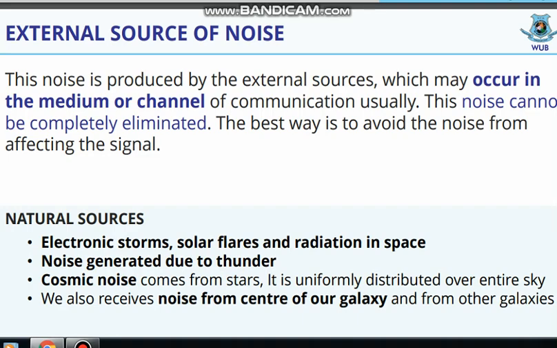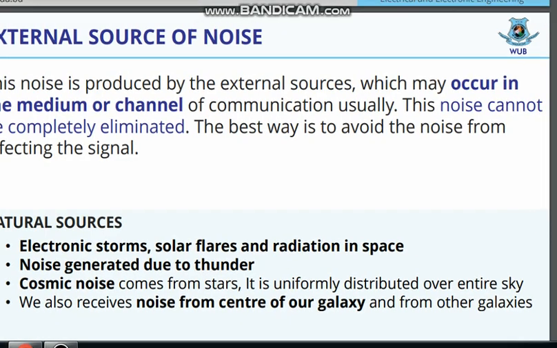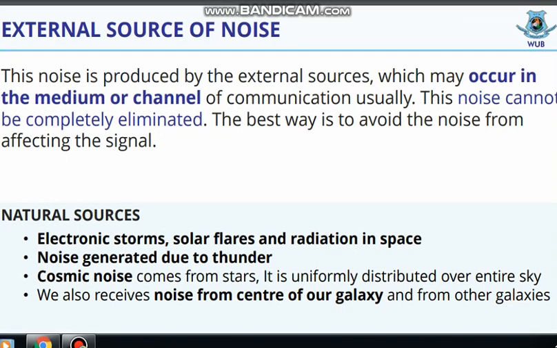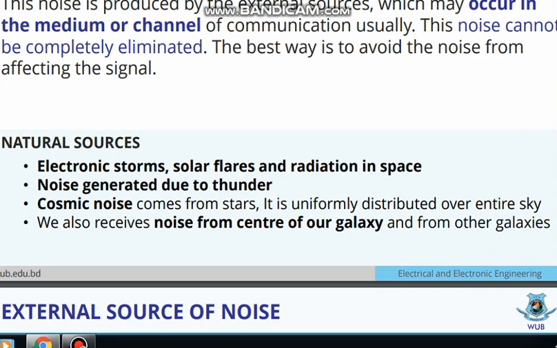Usually this noise cannot be completely eliminated. The best way is to avoid the noise from affecting the signal. Natural sources include electrical storms, solar flares, radiation in space, and noise generated due to thunder.